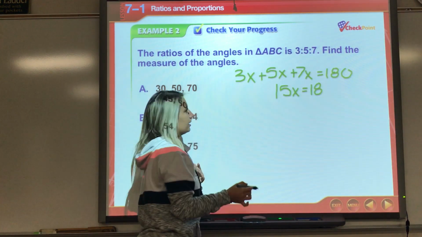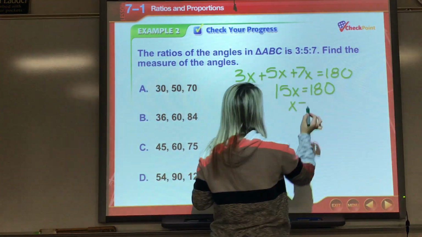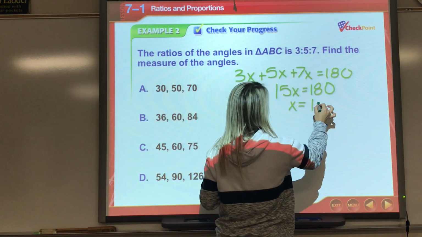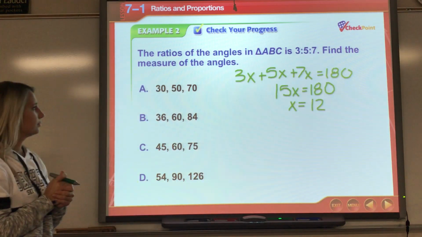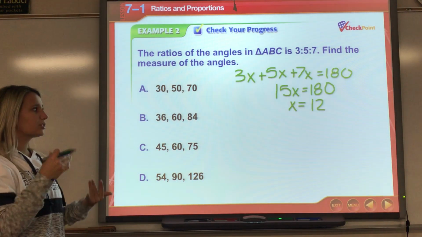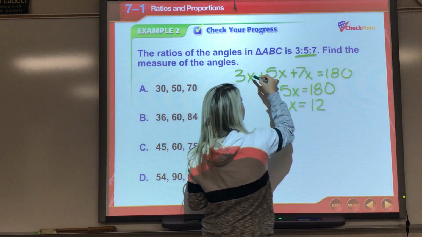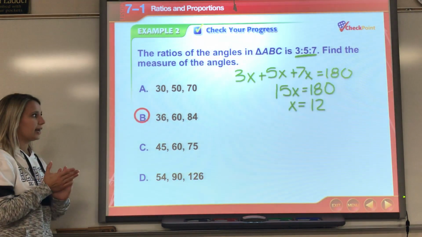When we divide that out, we should get 12. Does that seem about right? Yeah. So when we plug 12 back in for these with that x value, we'll get 36, 30, and 84.